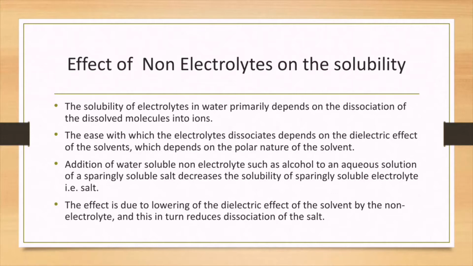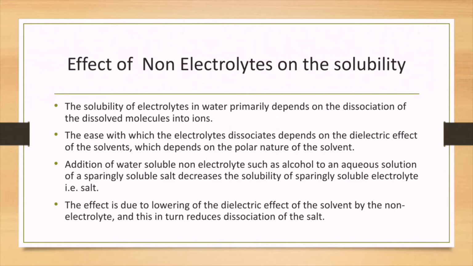Whenever we add a water-soluble non-electrolyte, for example alcohol, to an aqueous solution of a substance which is very less soluble, at that time the solubility of the sparingly soluble substance decreases, because salt formation takes place inside. As it leads to the formation of salt, the salting out process takes place.